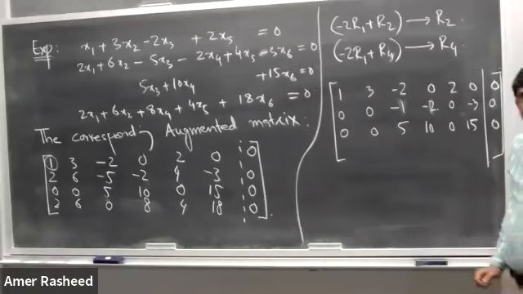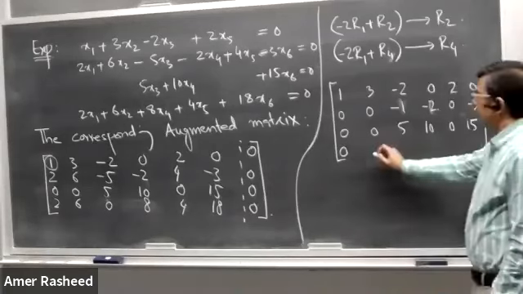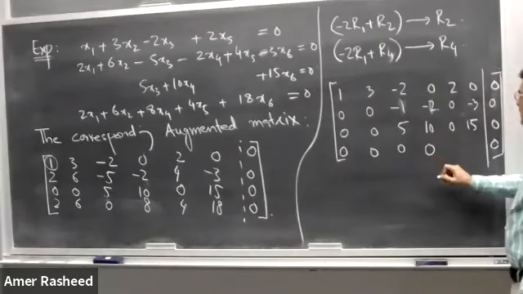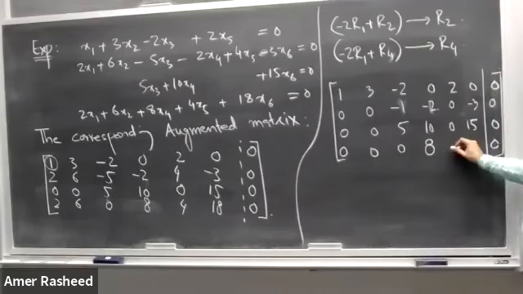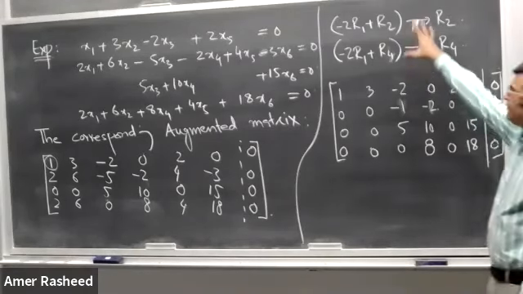The first will be 0, next one obviously 0, then here also 0, after 0 again 0. And then in the fourth column, 8. Next, in the fifth column, 0. And then 18. Okay. So this is now after applying these two operations.